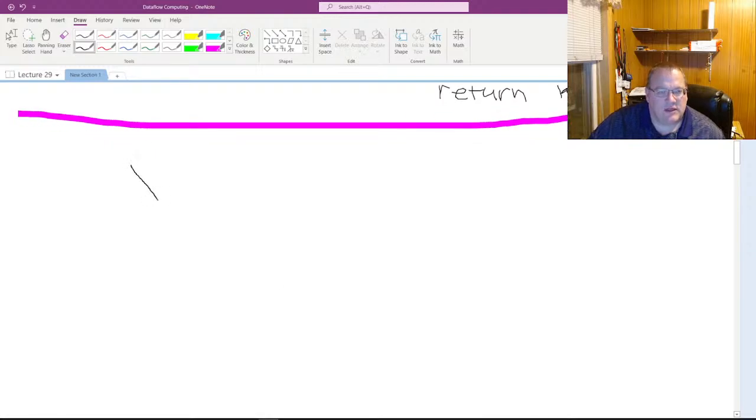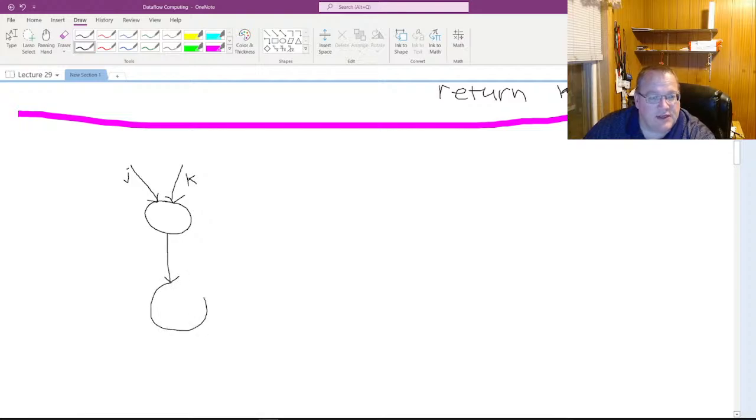All right, so let's assume here that we've got a node. And it has two inputs, a j and a k. And what this does, I'm going to go ahead and push that out to here.